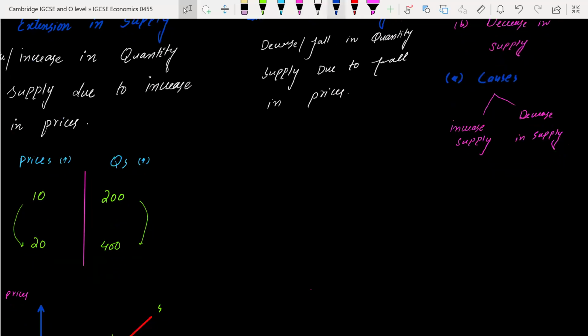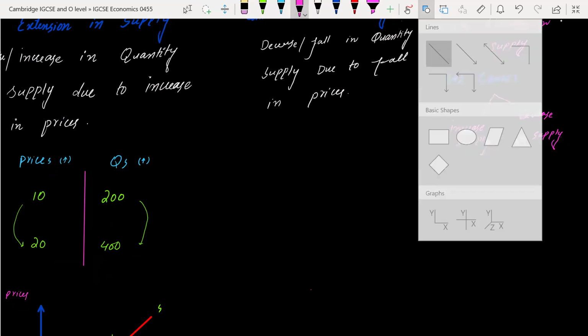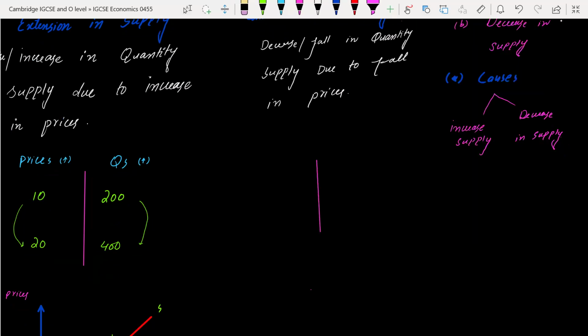In contraction in supply, let me make the table first here. It's about contraction in supply. So it means the quantity supply arrow will go down, and if it goes down, the price will also go down.